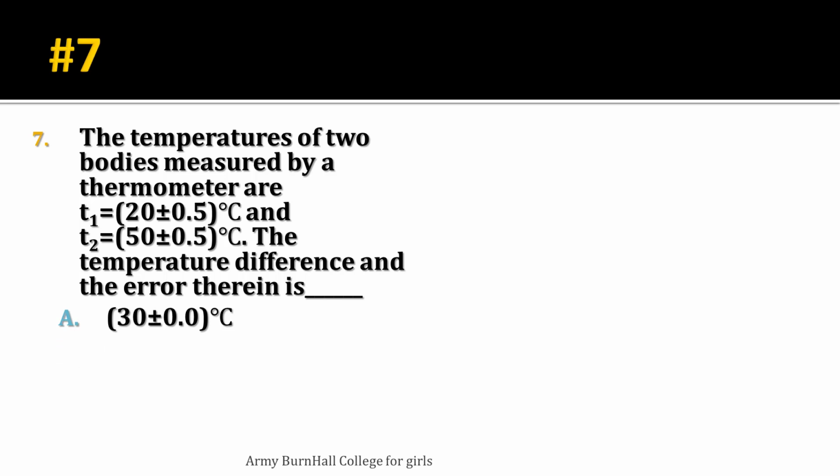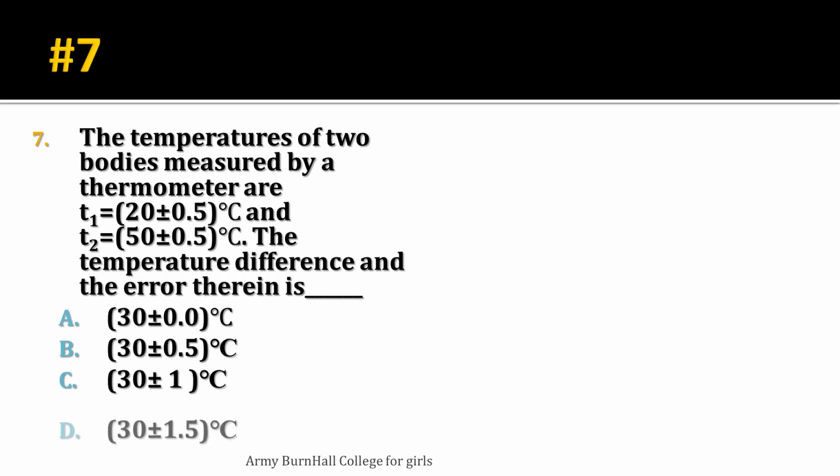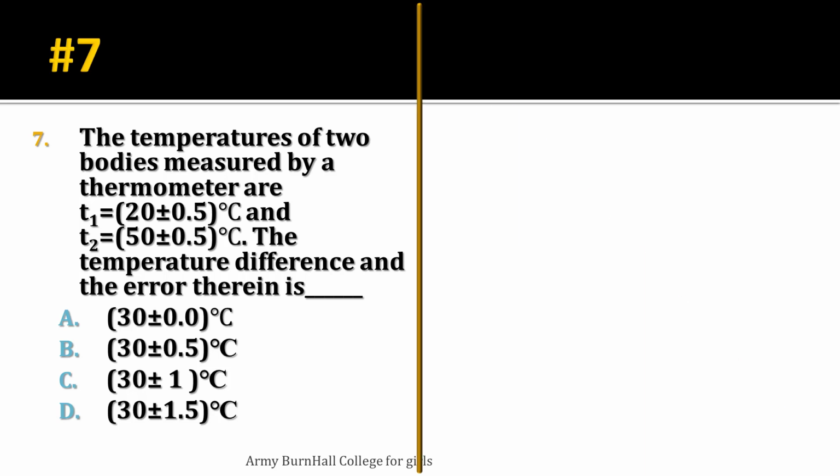Option A is 30 plus minus 0.0, B 30 plus minus 0.5, C 30 plus minus 1, and D 30 plus minus 1.5 degrees Celsius. We know that uncertainties are always added. So without even calculating we can find the answer. We will simply add the uncertainties, 0.5 plus 0.5, that will give us 1. So option C should be correct.